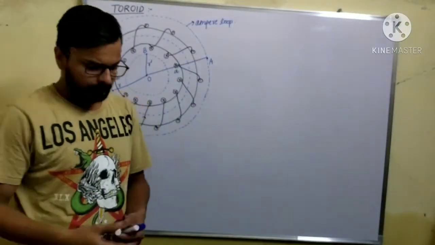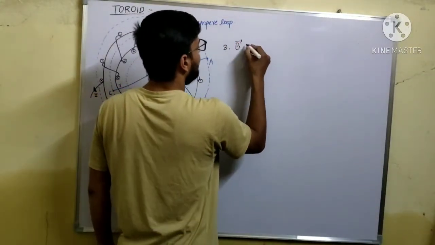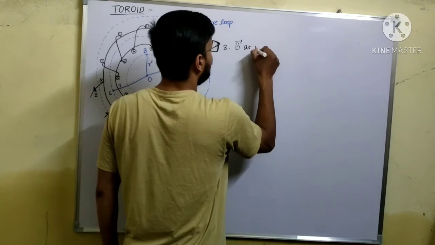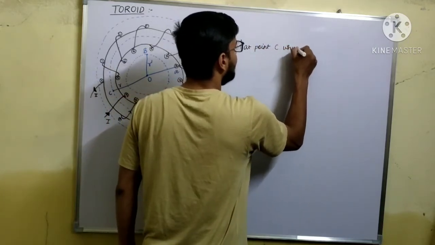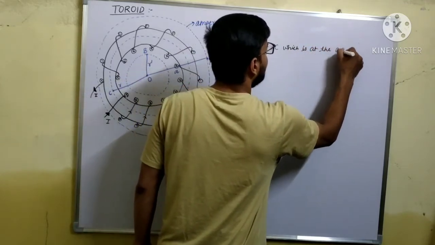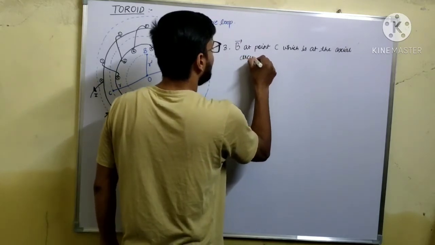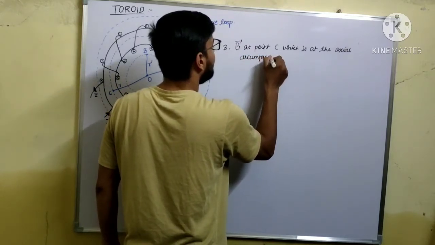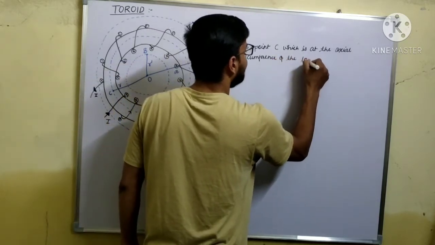So value of B at point C, which is at the axial circumference of the toroid.